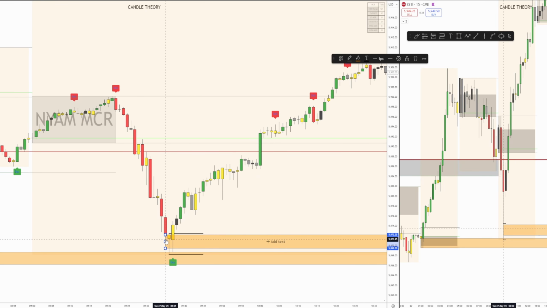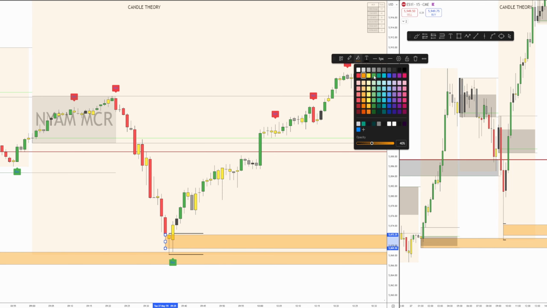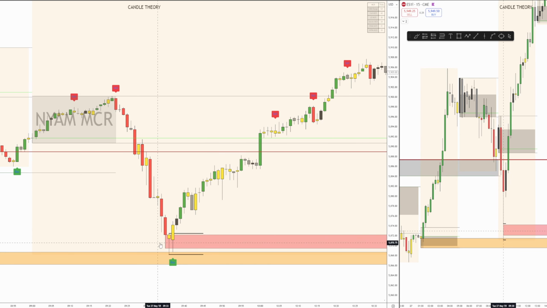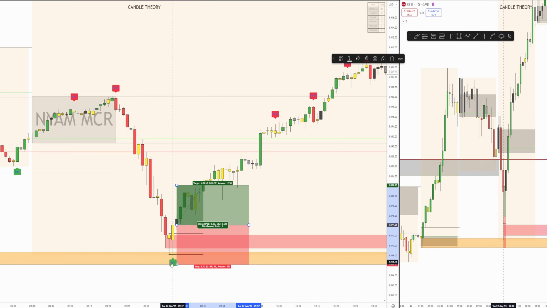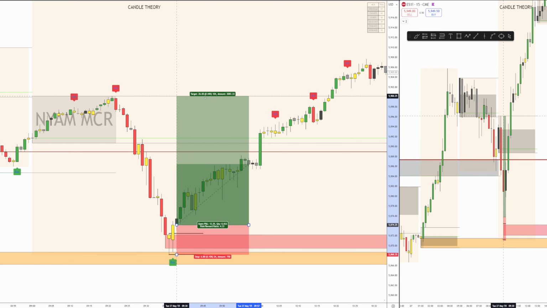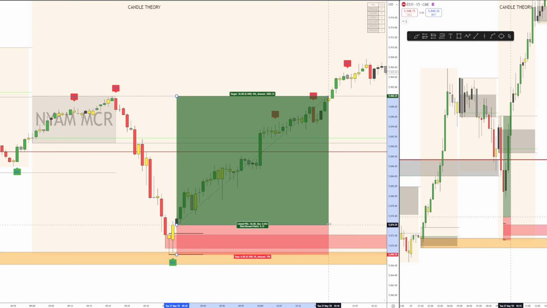We can also see price right here failed to close further than the lowest wick gap from this original sell candle. And then we had a candle count going bullish. We also had a signal from our Wicks sniper indicator. And then we trade all the way to the top of MCR.